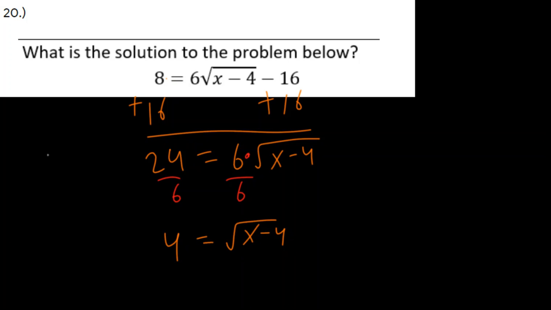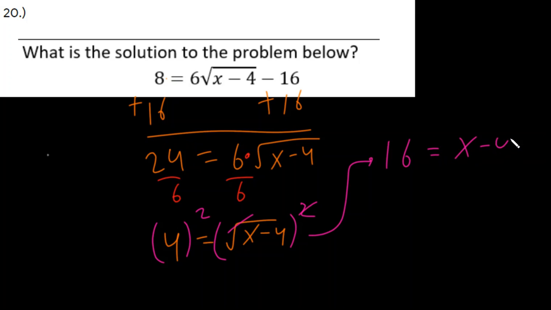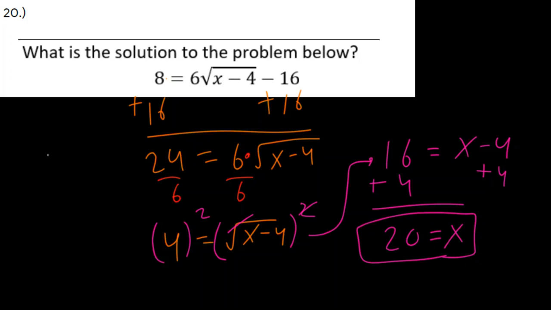Now, if you got this far, this is where I would contend a lot of you are going to struggle, except you got to understand that the opposite of a square root is a square, and so all we have to do is square both sides, and of course we get 4 squared is 16, is equal to, those cancel, x minus 4. Now, of course, from here, guys, all we have to do is add 4. We add 4, and 16 plus 4 will give us 20 is equal to x.